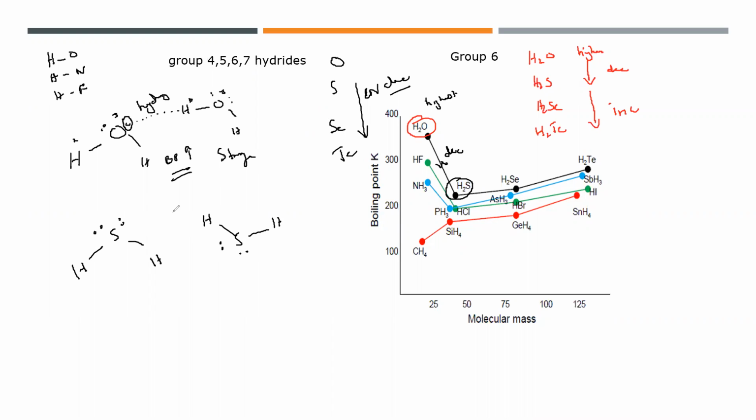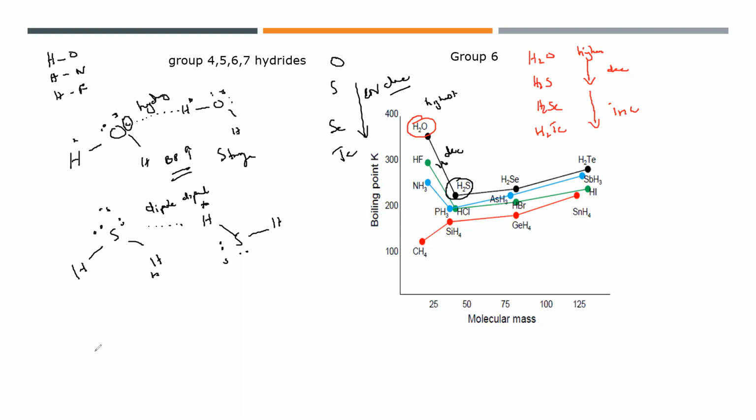The similar structure will have partial positive, negative, partial positive, negative. But this hydrogen is not attracted towards the lone pair. There is an attraction between the positive and negative center. That is called a dipole force. Dipole force is weaker here because the electronegativity of sulfur is smaller as compared to that of oxygen. There's also another force called dipole induced dipole force, but that is also weaker because of few electrons.